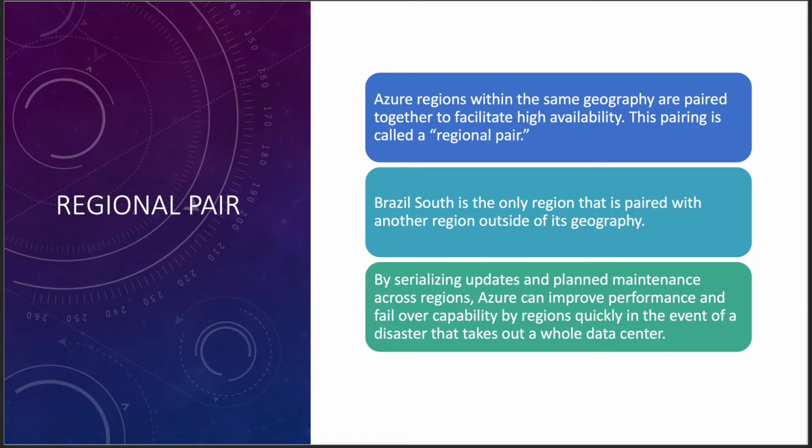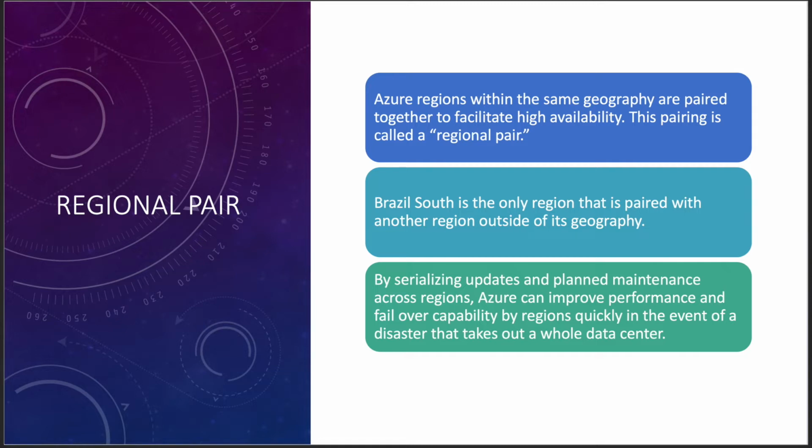The big key behind the regional pair is what's called serializing updates and planned maintenance. What they mean by that is that if you have an application in both of these paired regions, you can do an update in one and have all your traffic sent to the other data center, and then vice versa. Update your second while the first one takes over.